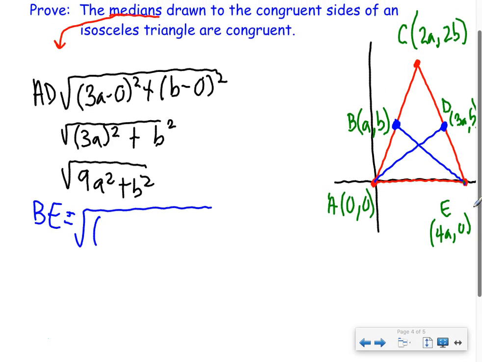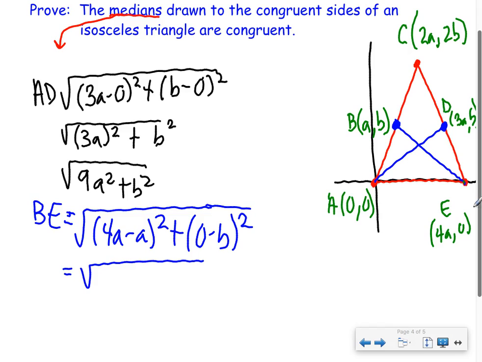What's E? 4A minus A squared plus 0 minus B. What's 4A minus A? 3A, leave it in parentheses, squared. 0 minus B is negative B, but what's negative B squared?